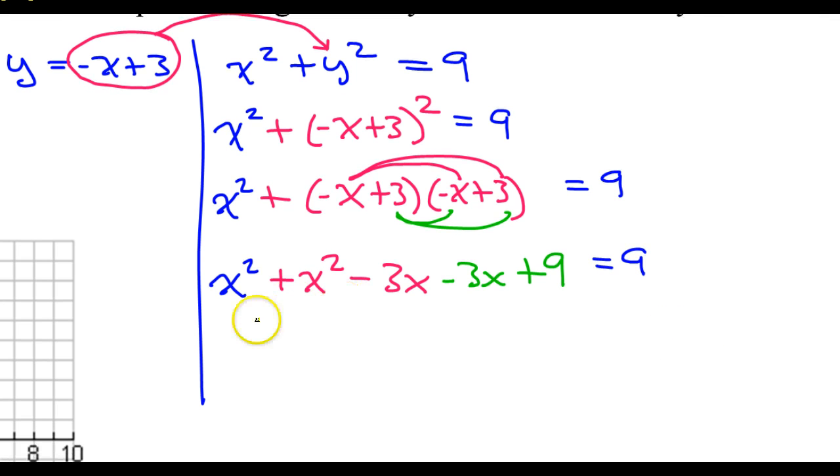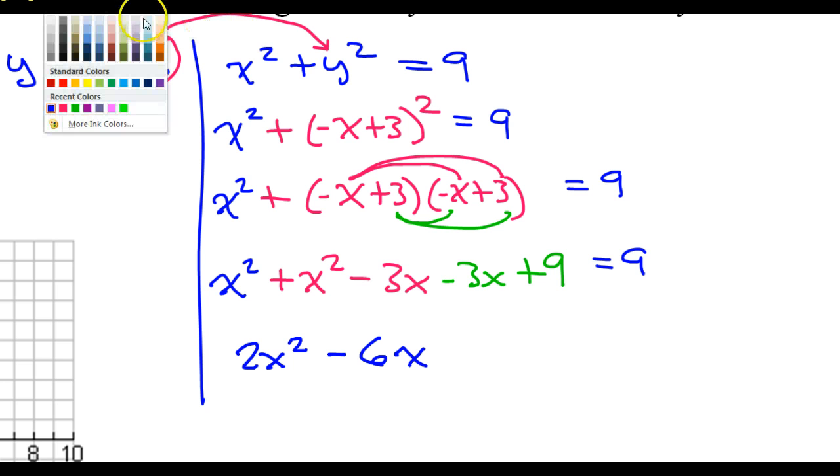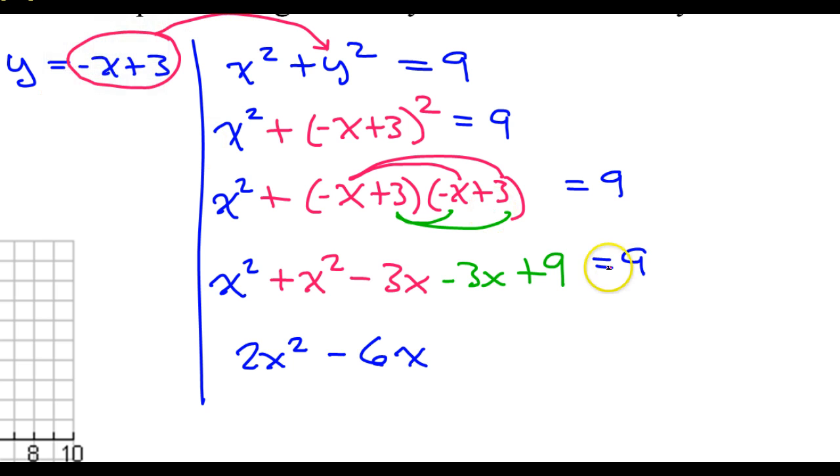Now, just combining my like terms here, I've got x squared plus x squared. That's going to give me 2x squared. Negative 3x minus 3x, that's going to be negative 6x. And now I've got this plus 9, but to get these constants together, I'm going to subtract 9 from both sides.